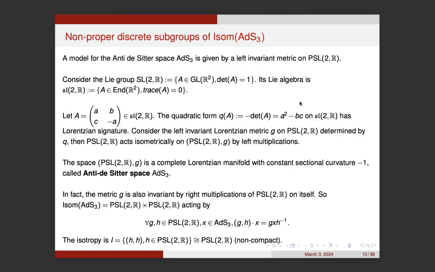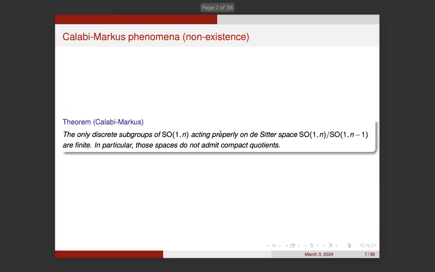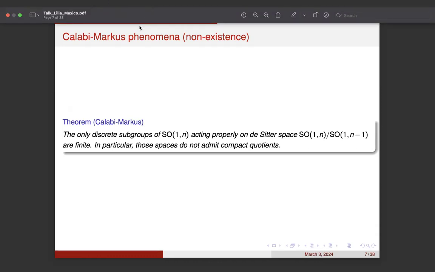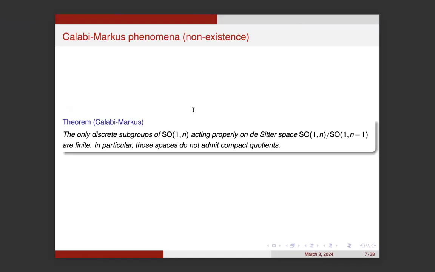Excuse me, Lilia, one question. You explained a result about positive curvature. Is there something in the case of negative curvature? Are there compact Lorentzian manifolds with negative curvature? In odd dimension, yes.